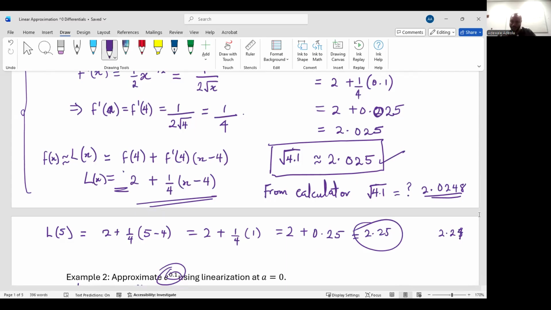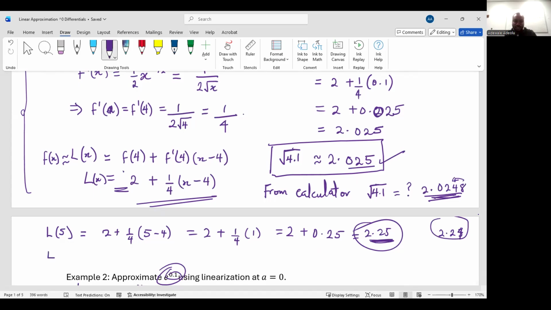When we found the square root of 4.1, our error was not that much, because that was 2.025. Here I have 2.236. If I approximate that, I have 2.24, which is quite a large difference compared to this.